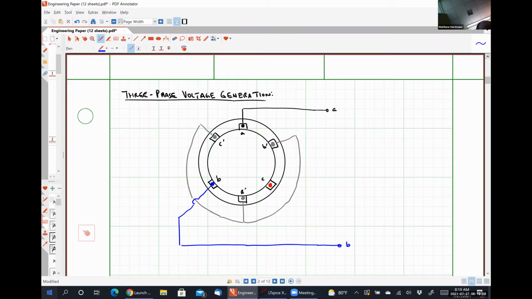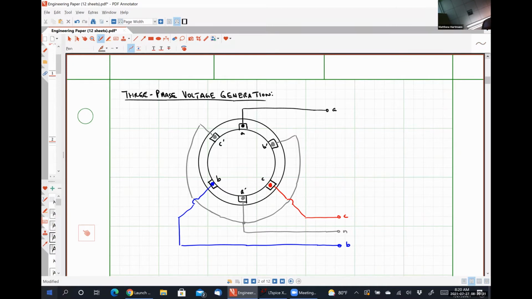Here's B. Here's C. And here is terminal N.